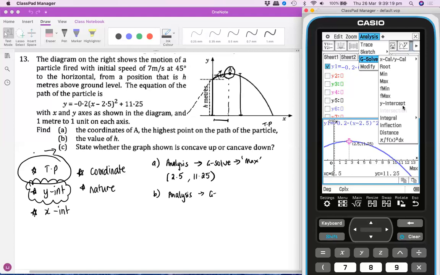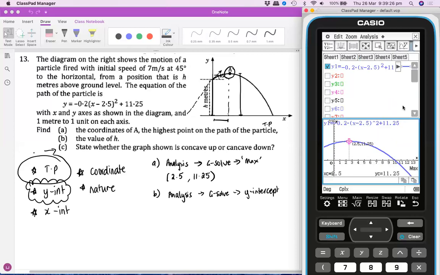Let's press that button. Now let's have a look. You can see here that my intercept is at (0, 10). That tells me this distance here is 10 meters. So the value of h is 10 meters.